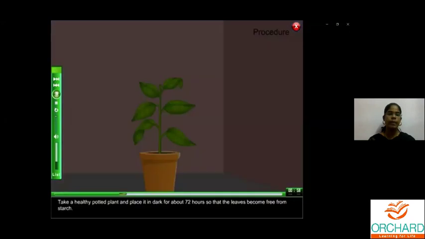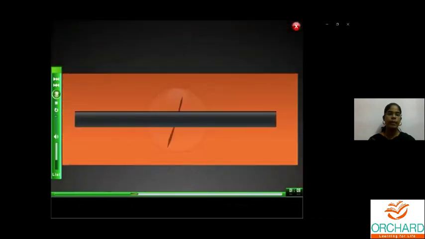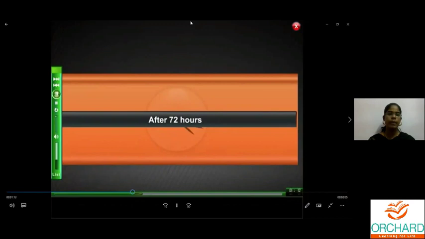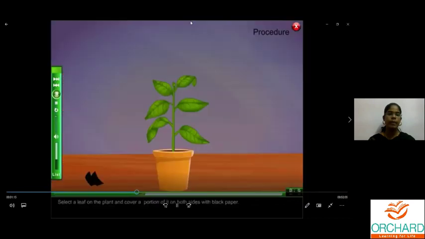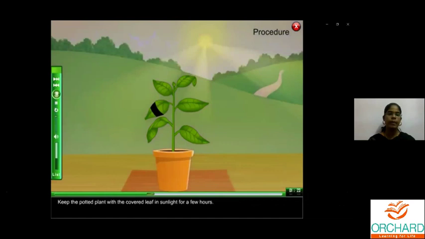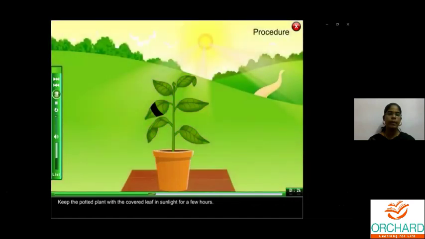take a healthy potted plant and place it in dark for about 72 hours so that the leaves become free from starch. After 72 hours, select a leaf on the plant and cover a portion of it on both sides with black paper. Keep the potted plant with the covered leaf in sunlight for a few hours.